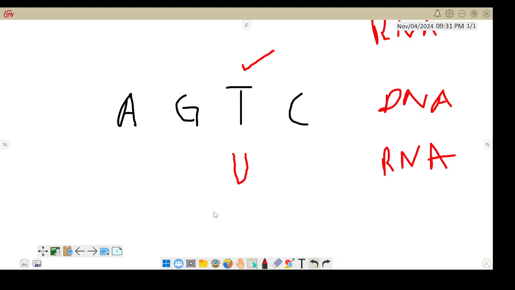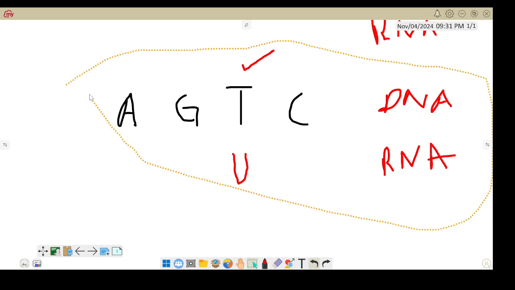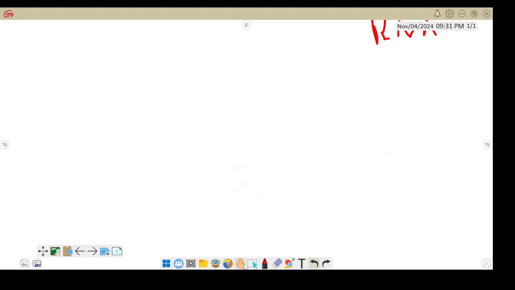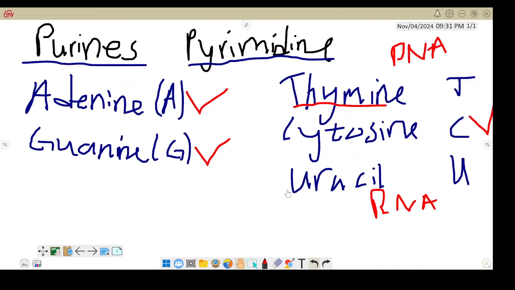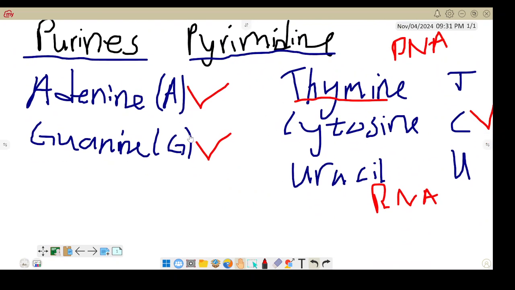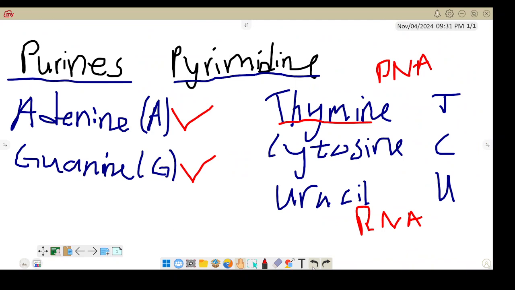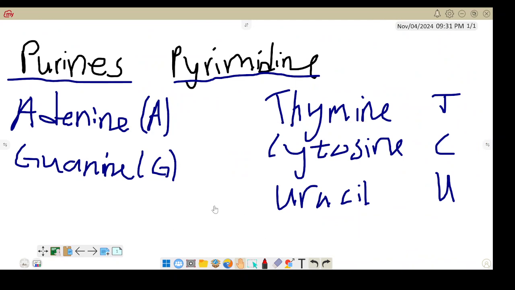Okay, so where are we? Oh, we have listed down the things which are found in RNA and DNA. These are the nitrogenous bases, and you just have to know that they are found all over.